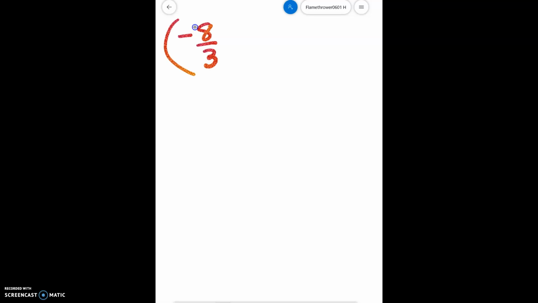-8/3 to the -4. So the first thing we need to do is rewrite this with a positive exponent. So we're going to do that by moving the 8/3 to the denominator. And now the exponent will be +4.